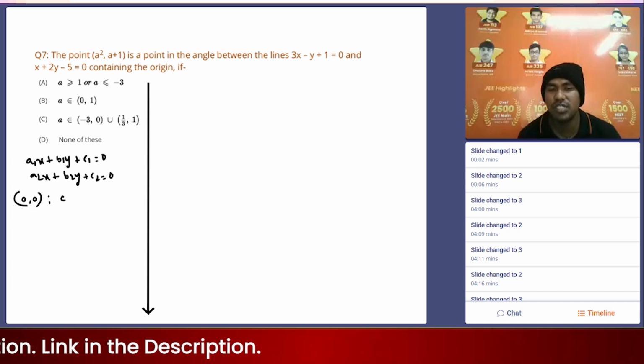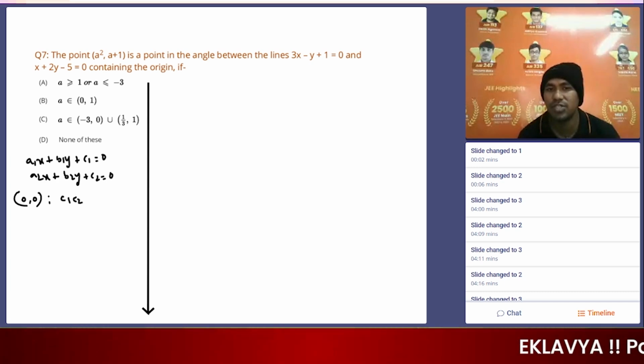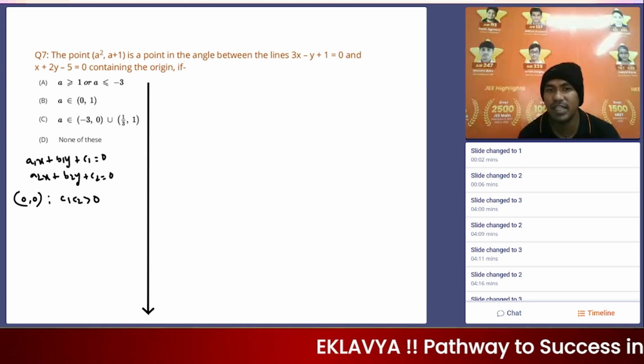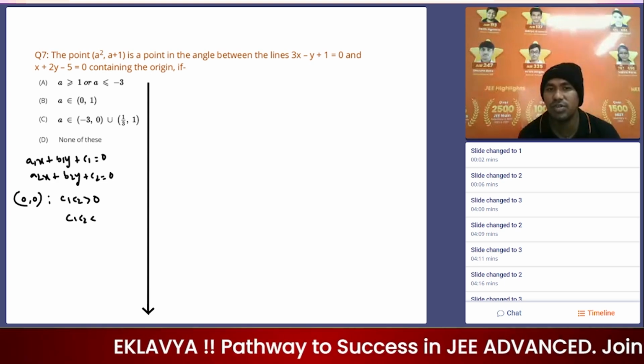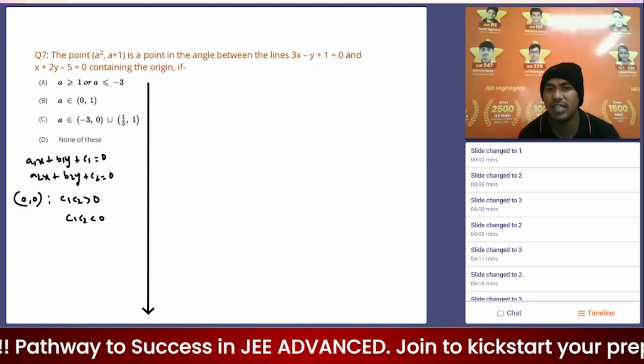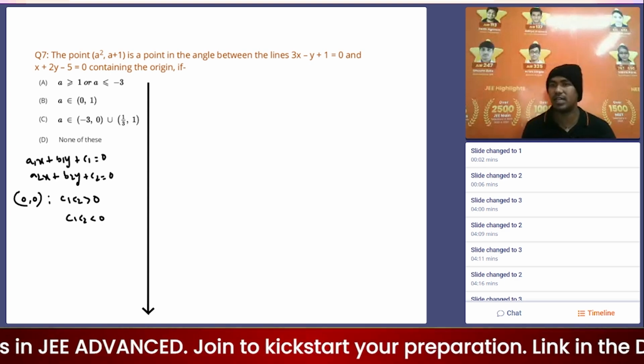If I substitute the origin, you will get c1 into c2, multiplying these two. So c1 c2 greater than 0 or less than 0, depending upon the conditions, you will get the acute and obtuse angle bisectors, right?